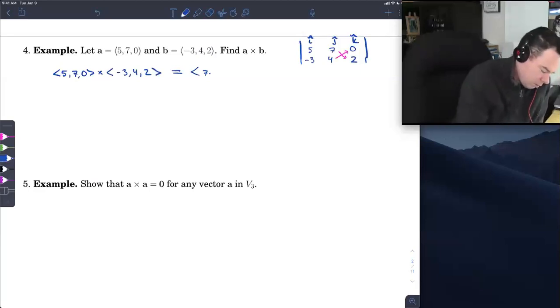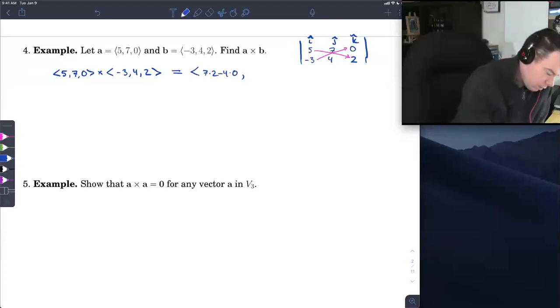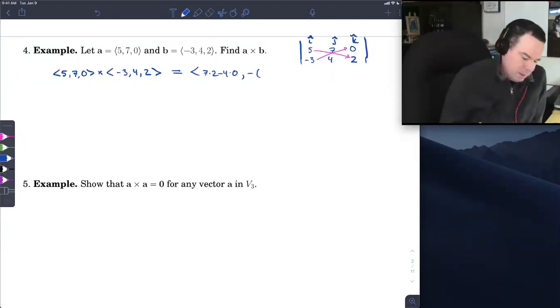So this is going to be 7 times 2 minus 4 times 0. Our next entry, we're going to multiply the 5 and the 2 and the -3 and the 0, but in this case, we're going to take the negative of that result. This is how I like to remember: we do that same multiplication, but there's a negative sign thrown in front.